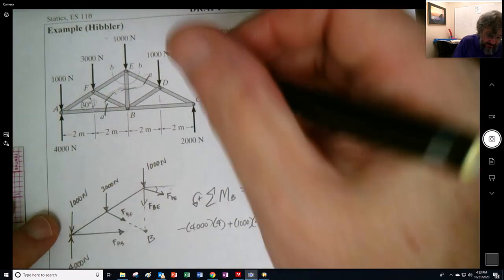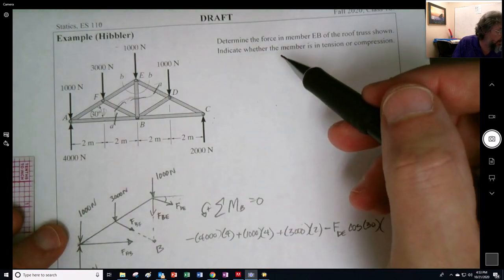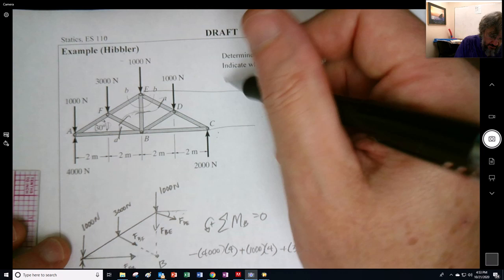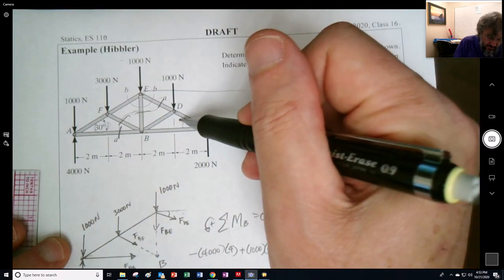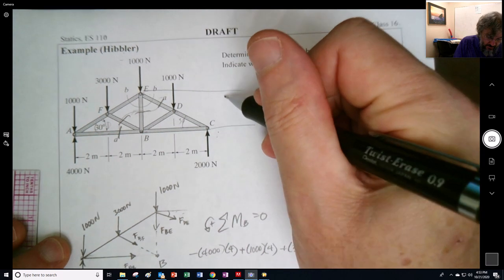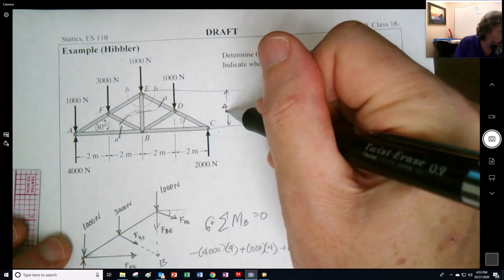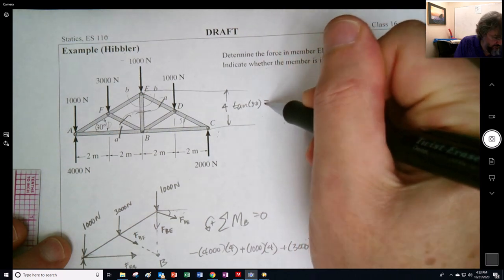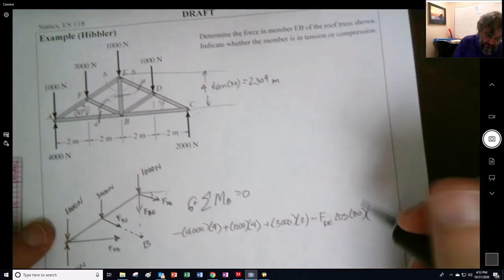We didn't get that distance, so we actually need it. I think I went up here, and this angle is 30 degrees right here. So this distance is going to be 4 times the tangent of 30, which ends up being 2.309 meters.